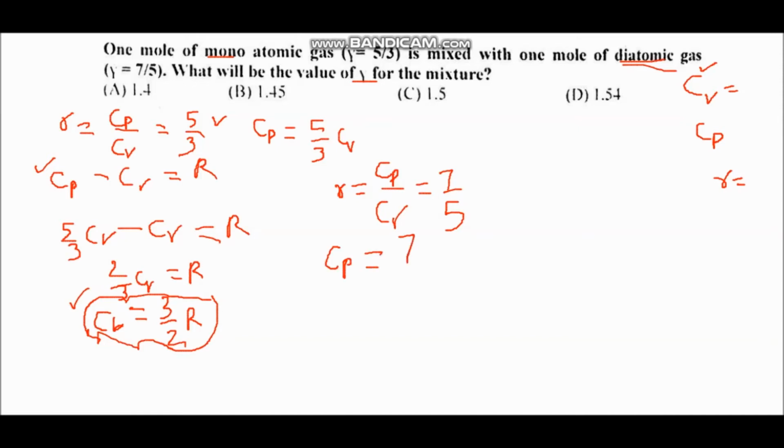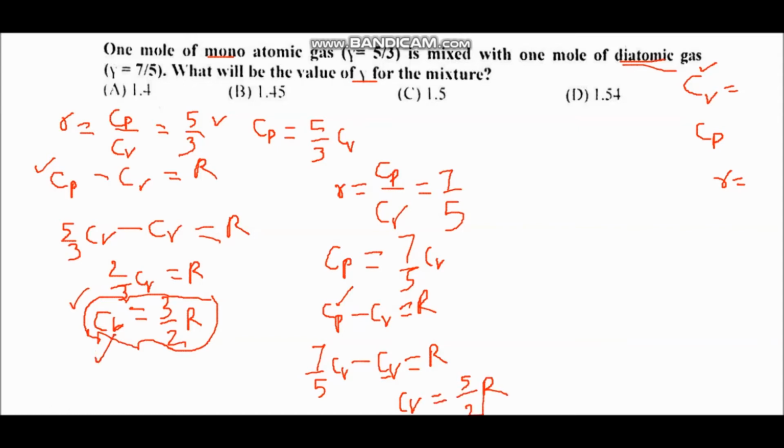So from here Cp will come, and we know Cp minus Cv is equal to R. Substituting the value of Cp, we will get the value of Cv in terms of R. So we will get Cv is equal to 5/2 R. So let us say that this Cv, which is for monatomic gas, is Cv1, and this Cv, which is for diatomic gas, is Cv2. So now we have the value of Cv for both mono and diatomic gases.